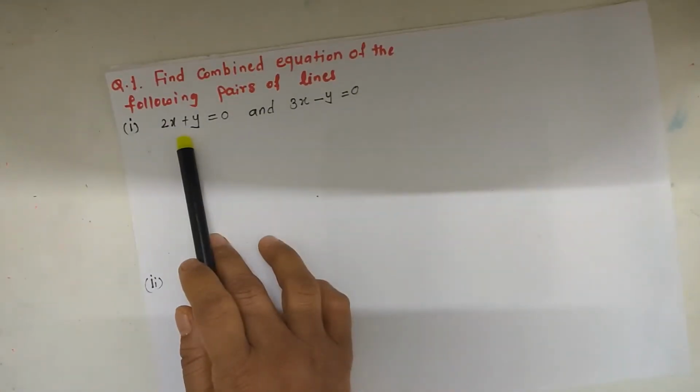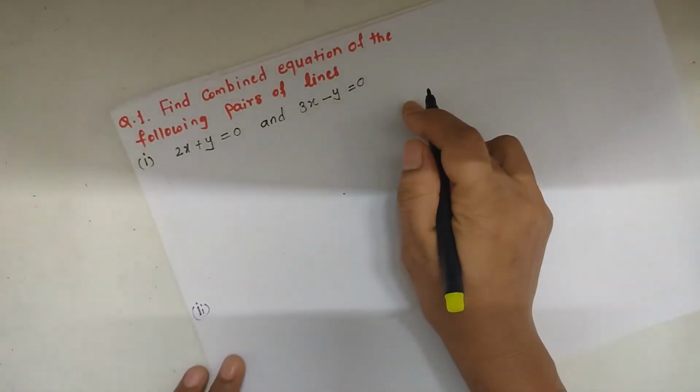In the first example, there are two equations of lines and we have to find the combined equation of these two lines.